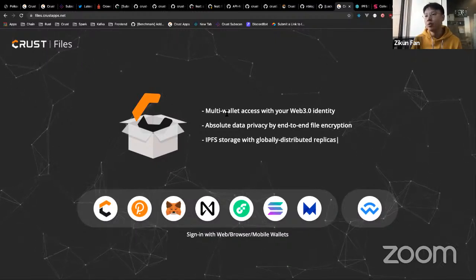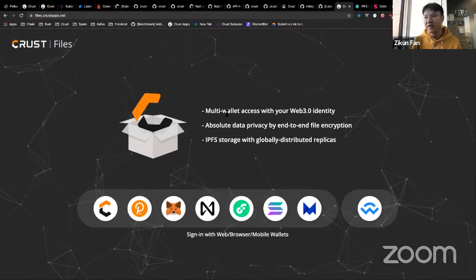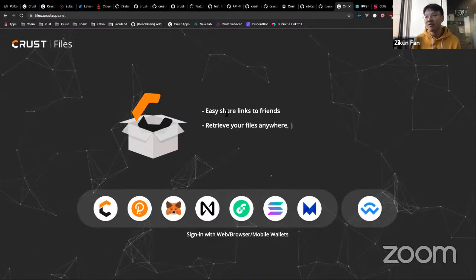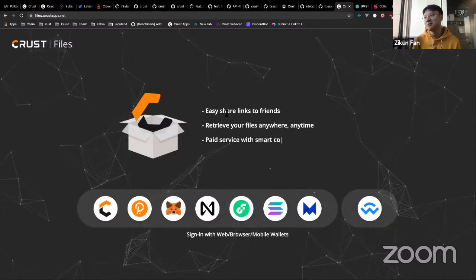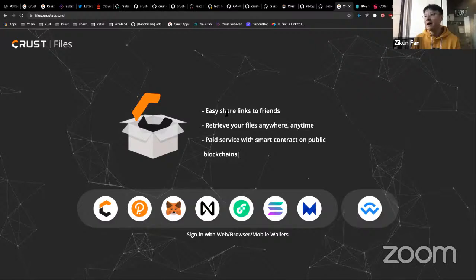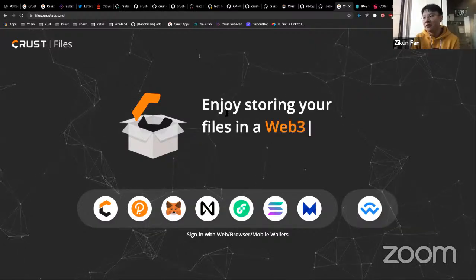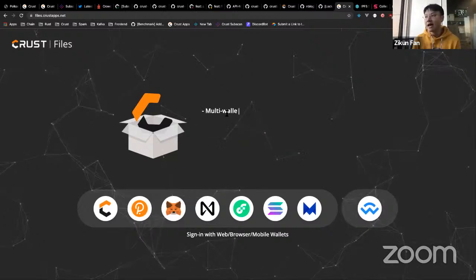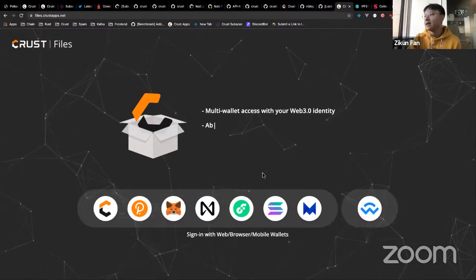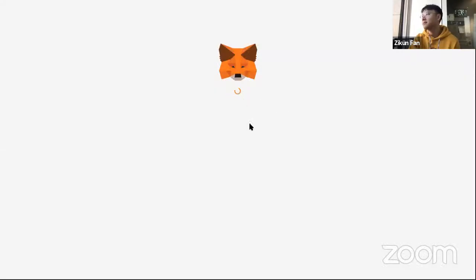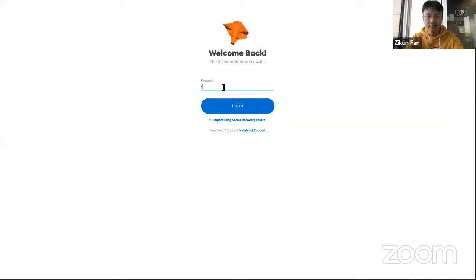And currently we support Crust itself and the whole Polygon ecosystem, and several Ethereum ecosystem like Polygon, Moonriver, Moonbeam, and of course Ethereum itself. And also we support Near and Flow and Solana and Aeron.